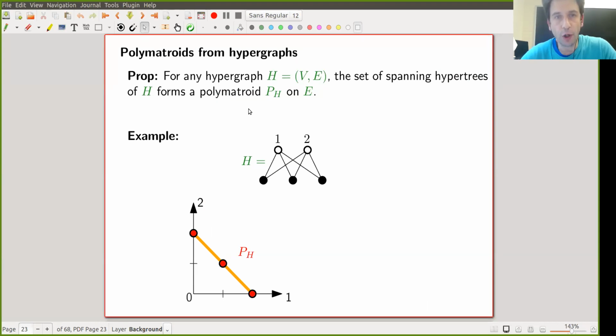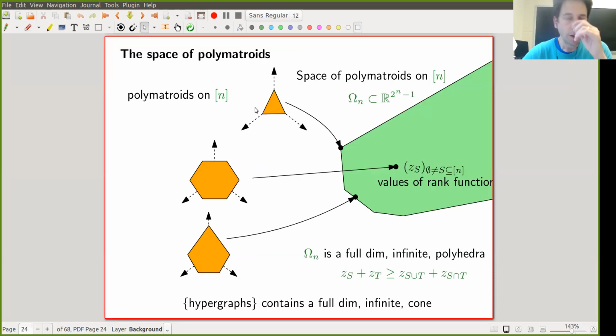Okay, I'm going to make an additional remark about the space of polymatroids and how it compares to the space of hypergraphs. First of all, there is a natural way of parametrizing the set of all polymatroids. Let's say I fix my ground set to be 1 to n, and I look at all polymatroids on this ground set. Of course, there are infinitely many of them.